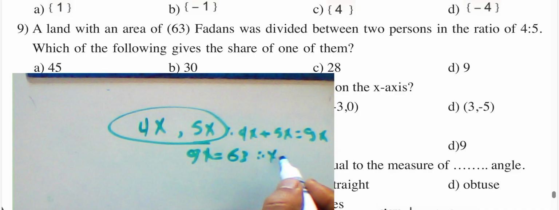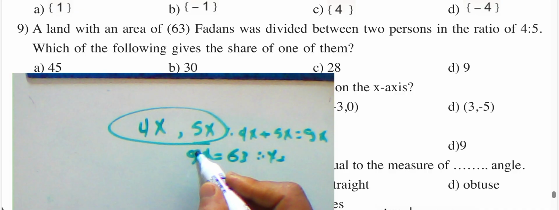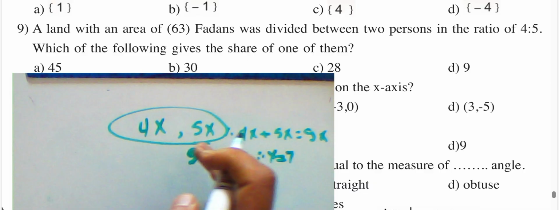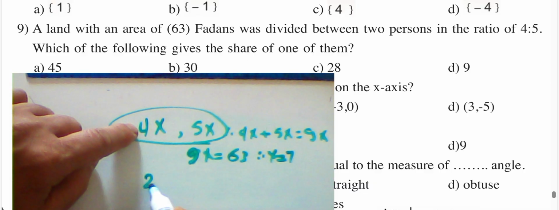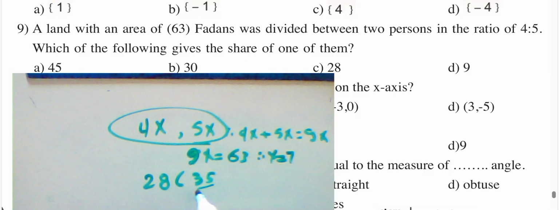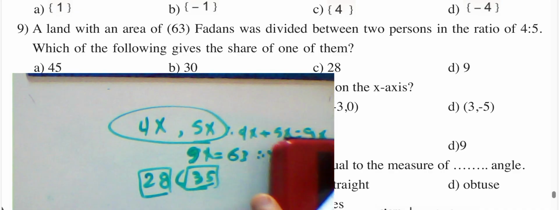Then x equals 63 divided by 9, which equals 7. Then the first will take 4 times 7 equals 28 feddans, and the second 5 times 7 equals 35 feddans. So choose 28, letter C.